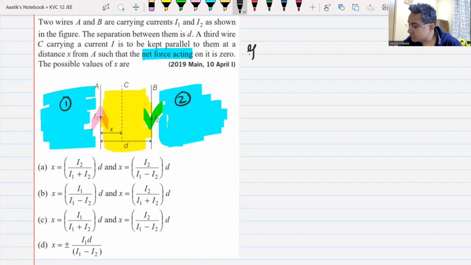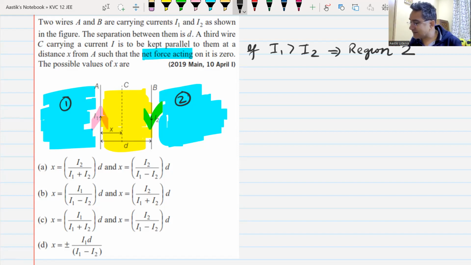If I1 is greater than I2, then it will be zero in which region? Region number 2. That is what you have to understand. If you understand this, then the question becomes simple.